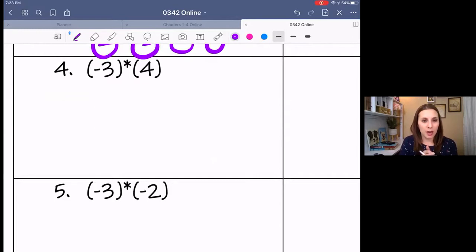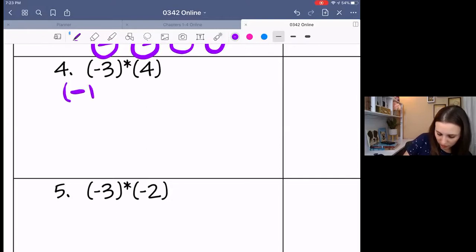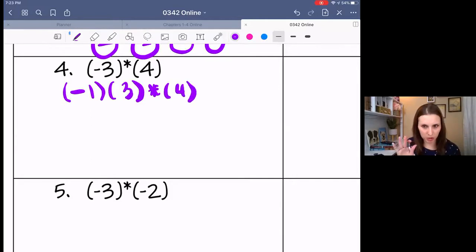Instead, on this one, I am not going to use the commutative property. I'm going to use the distributive property by pulling out that negative from the 3. So this is -3 rows of 4, which seems weird, but just bear with me.